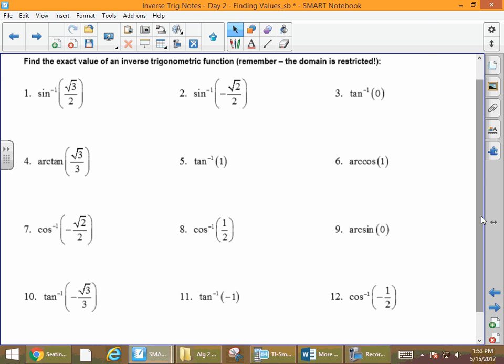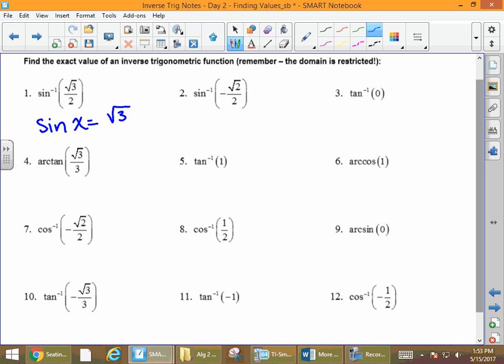In other words, we could have said on problem number 1 that we're looking at sine of what value equals radical 3 over 2. And the thing on here is we need to watch out for our range. All of our values are going to be between negative pi over 2 and pi over 2 for sine.